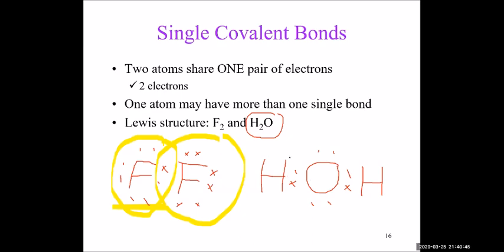And the hydrogen has 2, because the hydrogen has only 1 s electron. To become the nearest noble gas, it has to be helium. And helium is a noble gas. So hydrogen shares 1 to become like helium, become stable. And same with the other hydrogen. So that is how water forms bonds.